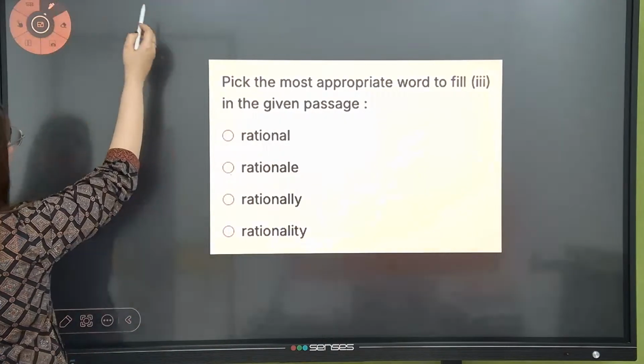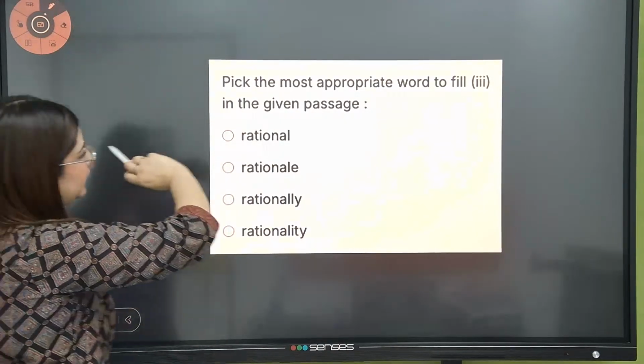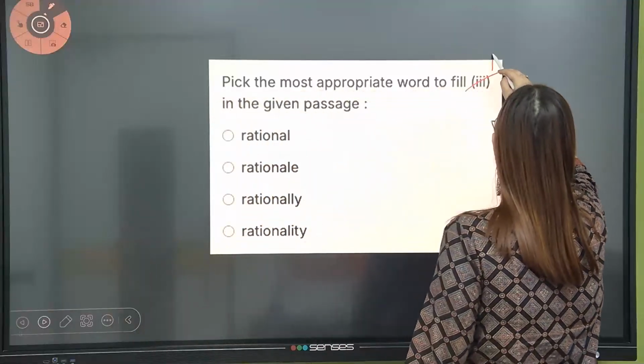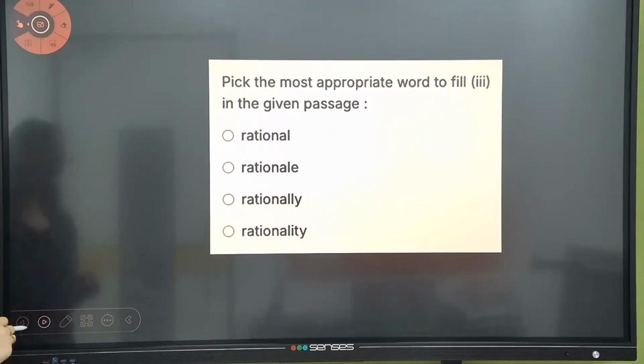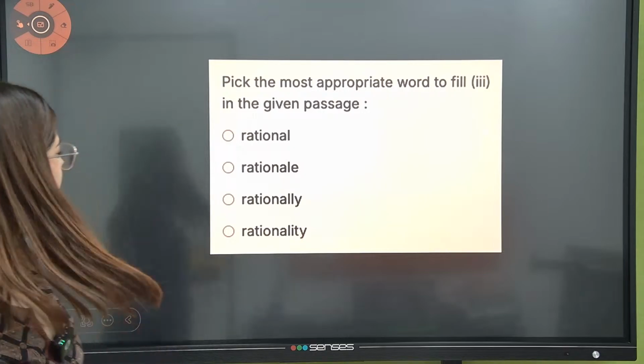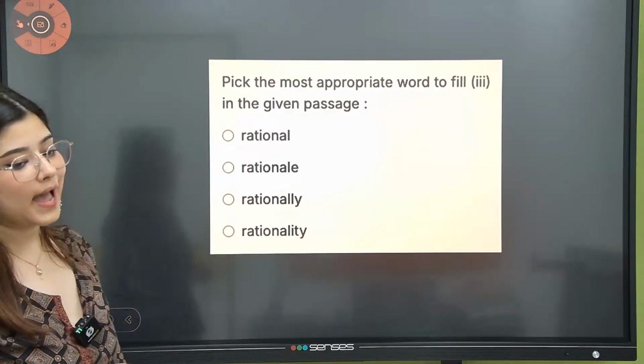Last, pick the most appropriate word to fill 4. I think this is 4. This should be 4 and not 3. There is a misprint. This should be 4. Rational, rationale, rationally, rationality.